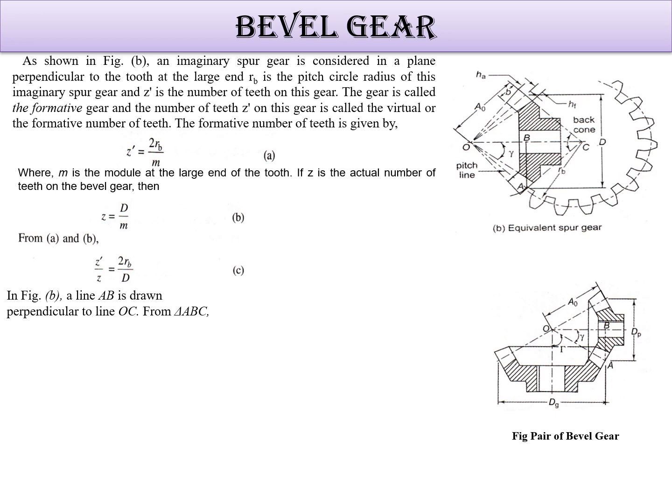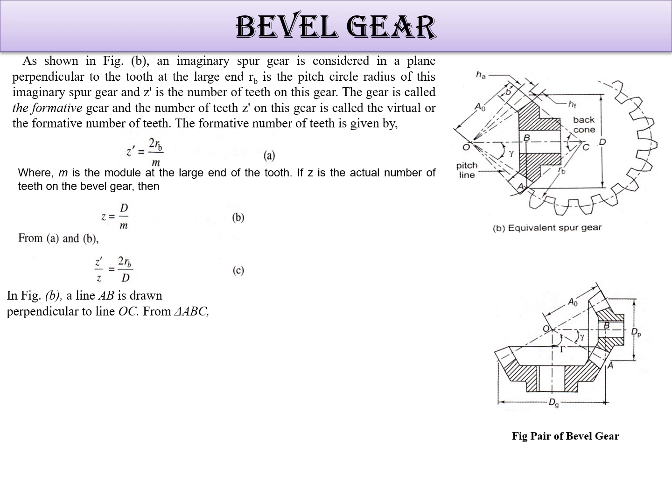A line AB is drawn, and here a perpendicular OC is drawn. AB is there, and this is the perpendicular line for this.